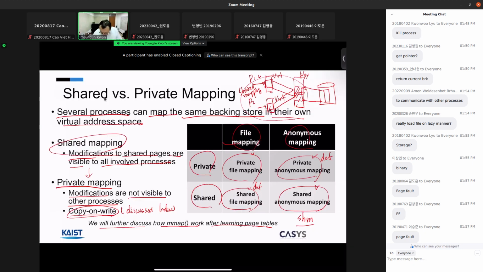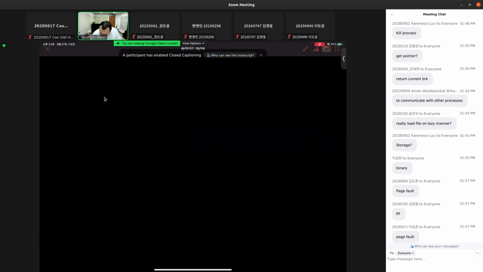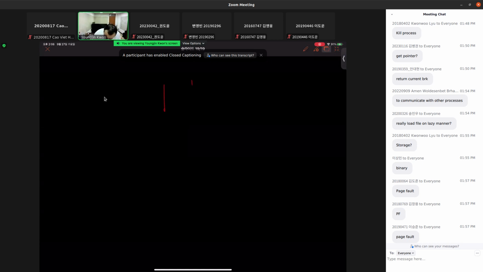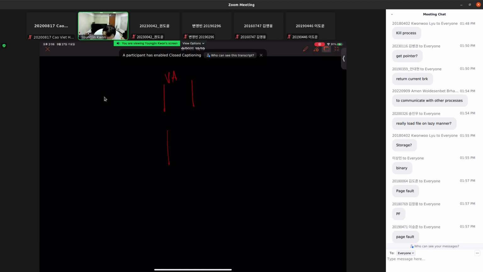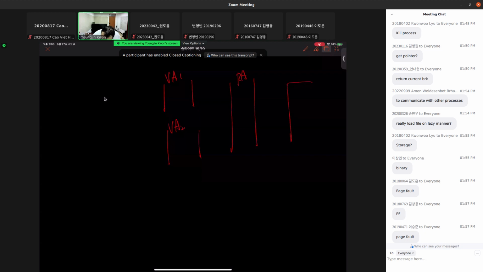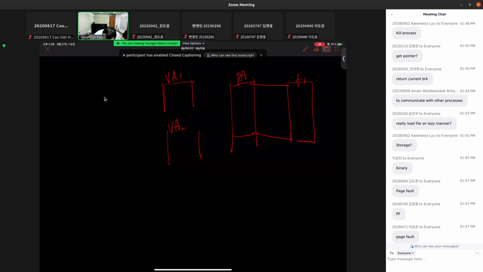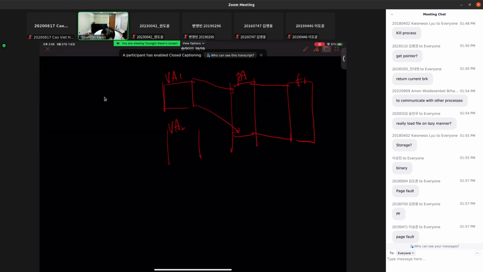One more thing about this sharing. Let's extend this sharing a bit more for connecting with computer architecture. Sharing concept of virtual address space, virtual address 2. And this is the physical address space, and this is a file. The file is loaded into this physical address space, and the virtual address spaces are mapping this file.